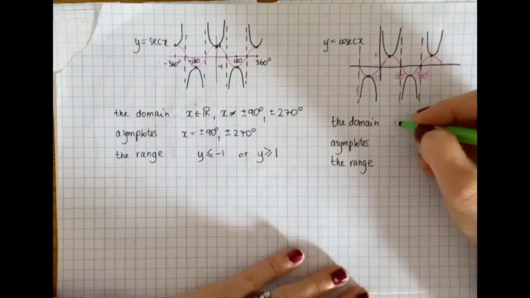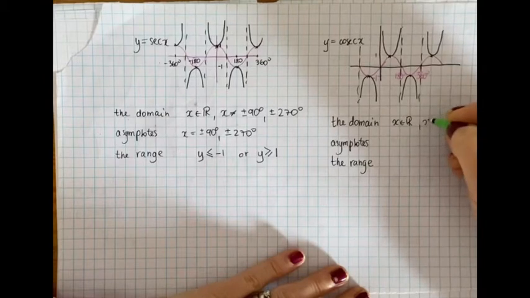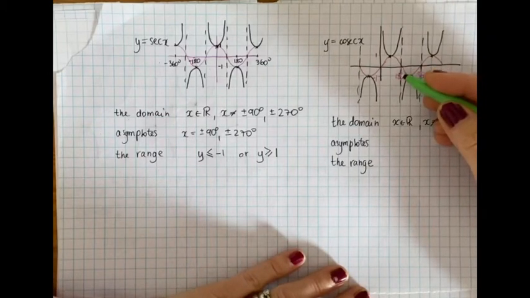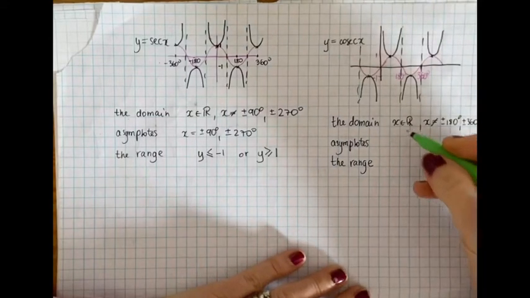So what's the domain? Well, the domain is all real values apart from when we had the asymptotes. So x is all real values, but x is not equal to plus or minus 180 degrees and 360 degrees. So multiples of 180, if you like.